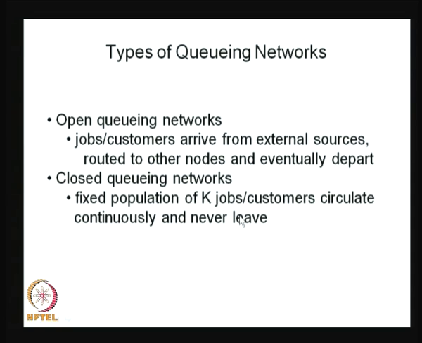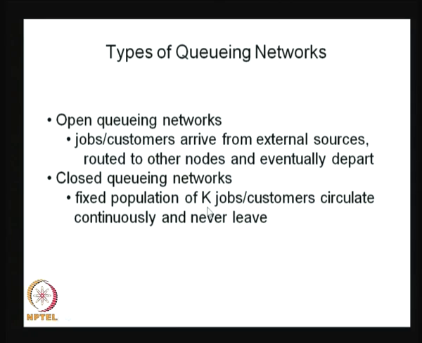That means if you count how many customers are in the system, that is, how many customers in each node, and sum it up, then that total number is always capital K, that is the population size. Therefore, no one will leave the system and no one departs from the system also. So, it is a constant number of customers always there in the system at the different queues.